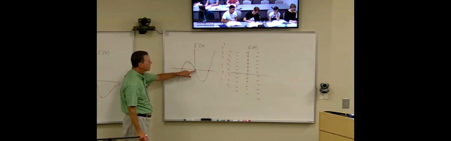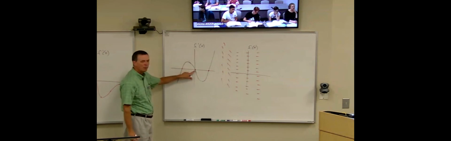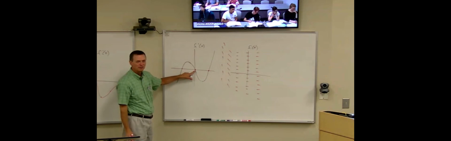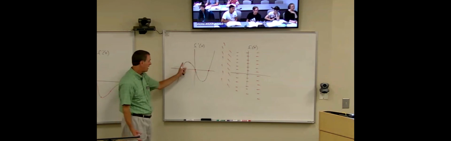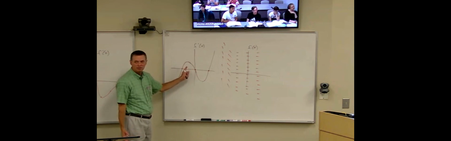In between these two first order critical points, what does this velocity function, also called f prime, tell you? It's positive slope. So we're going to have some positive slope in here. And in between these two, I've got some negative slope. That's telling me the slope is negative, so I'm going to put some negatives in.